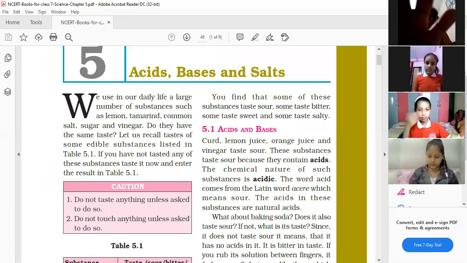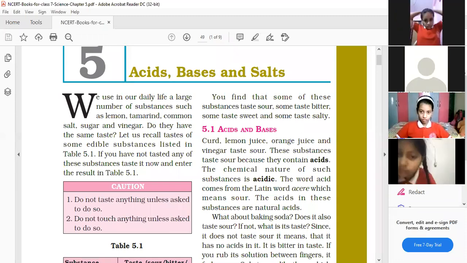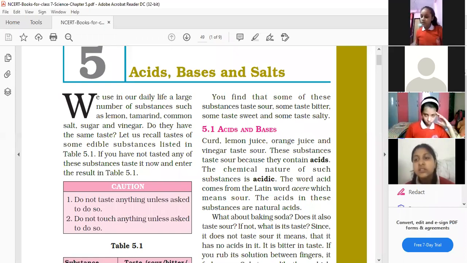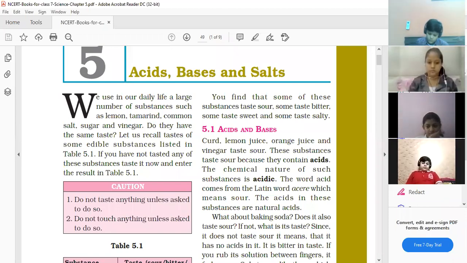Last class we did the difference between acids and bases. The substances which are sour in taste contain acids, and the substances which are bitter in taste are known as bases. This is the simplest differentiation between acids and bases.